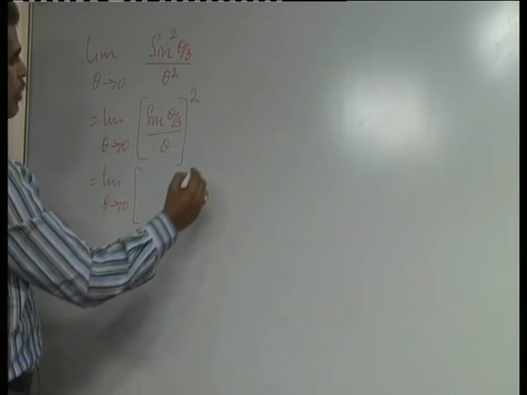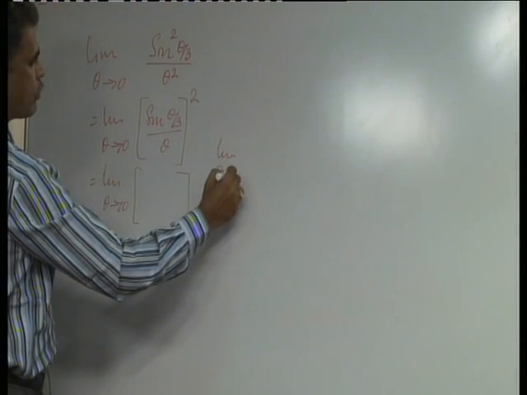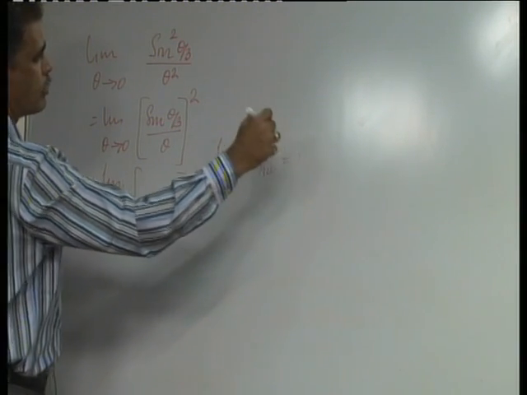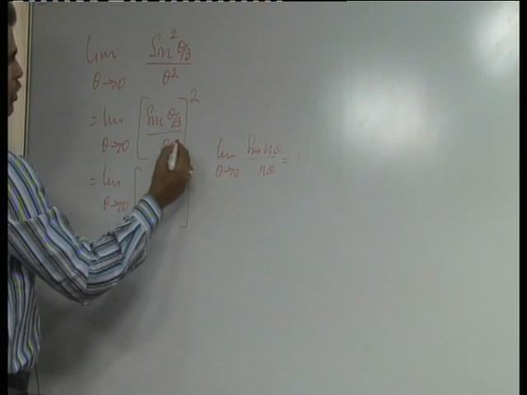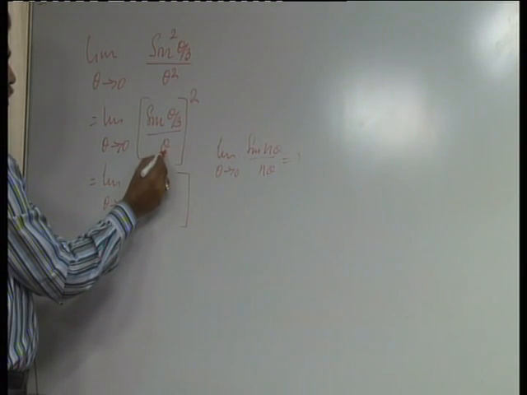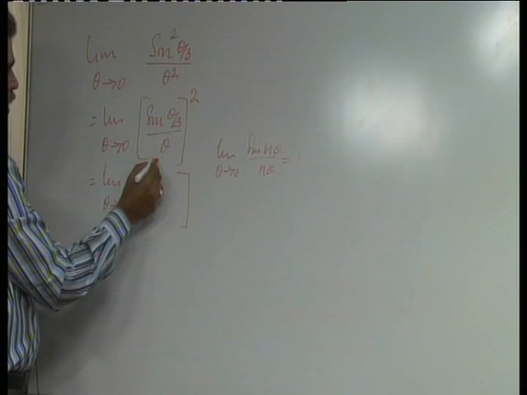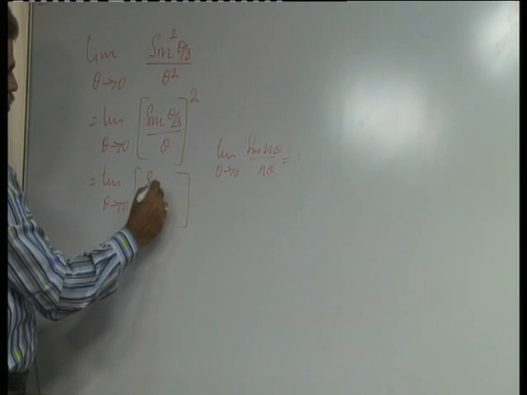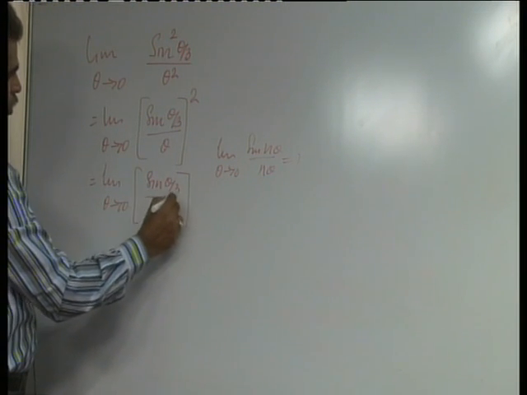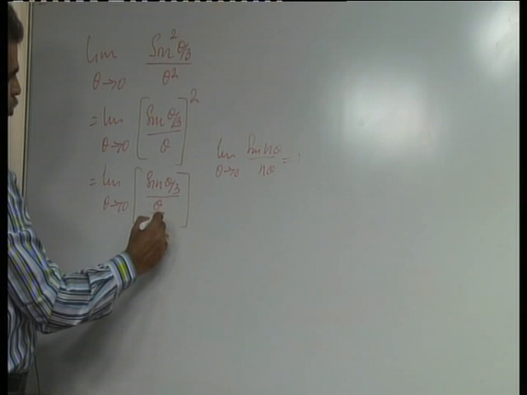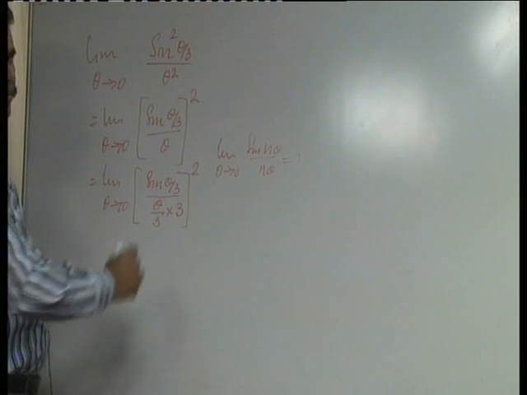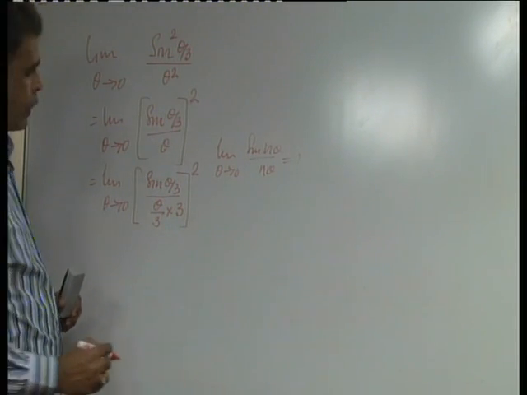What is the standard form? Limit of theta tends to 0, sin of n theta divided by n theta is equal to 1. To get into this form, I need theta by 3, therefore I should multiply and divide it by 3 to theta, that is sin theta by 3 whole divided by, for theta I need to multiply and divide it by 3, that is whole square.